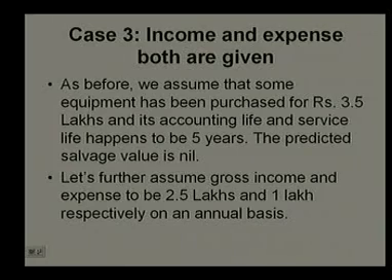I have clubbed both the data and this is the combined problem. Equipment has been purchased for 3.5 lakhs. Life is 5 years. No salvage value. Expense is 1 lakh every year. Income is 2.5 lakhs every year.